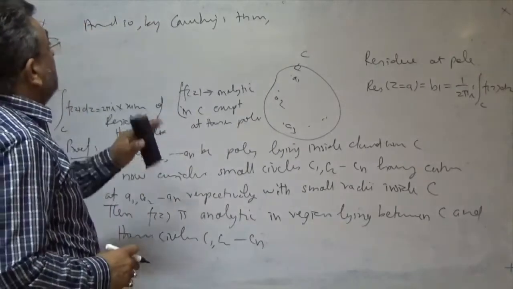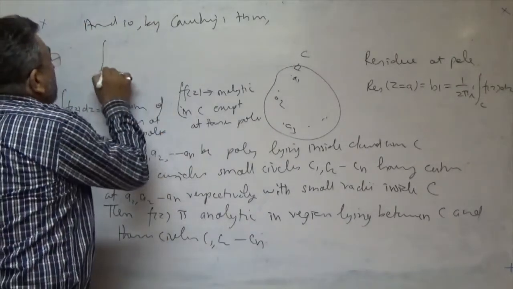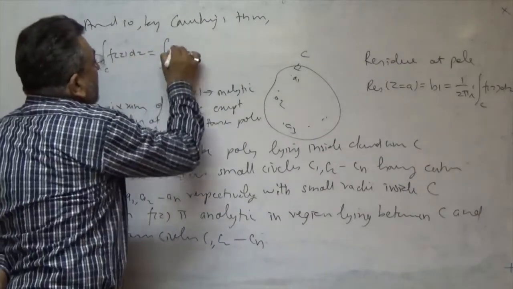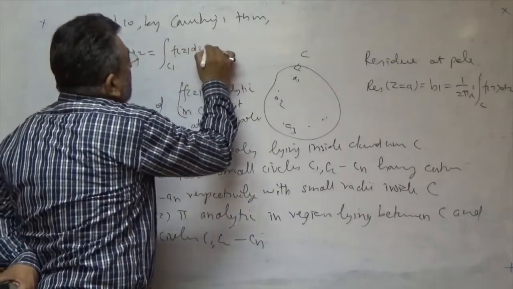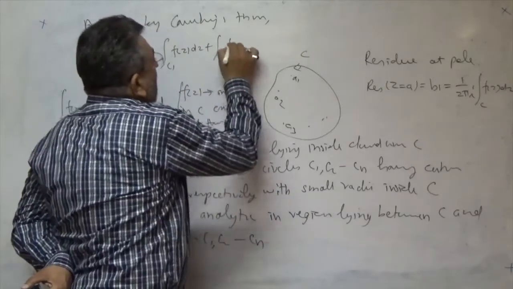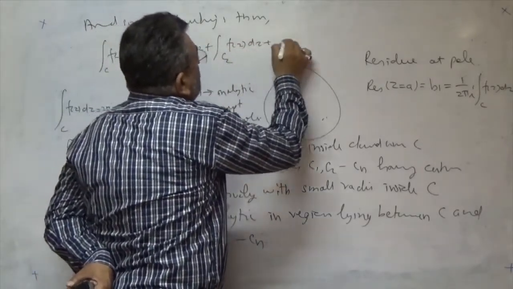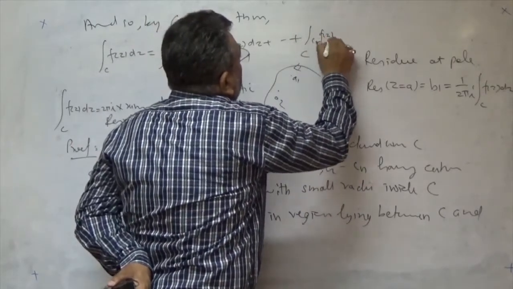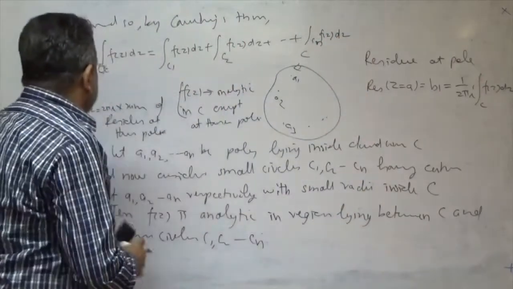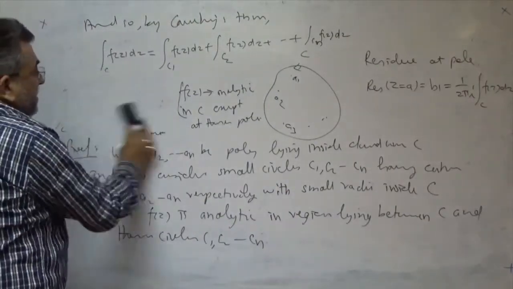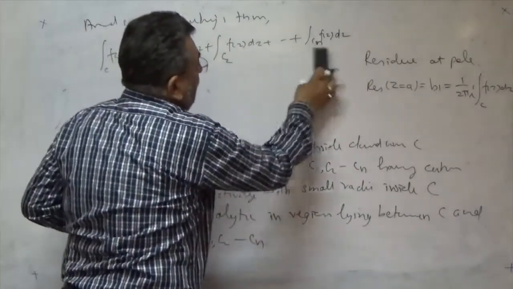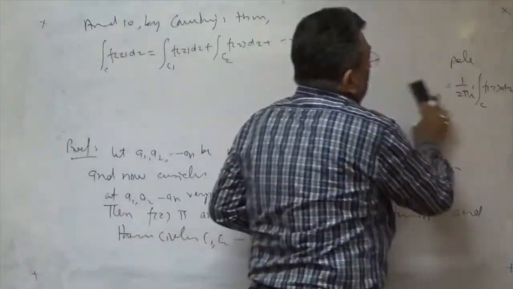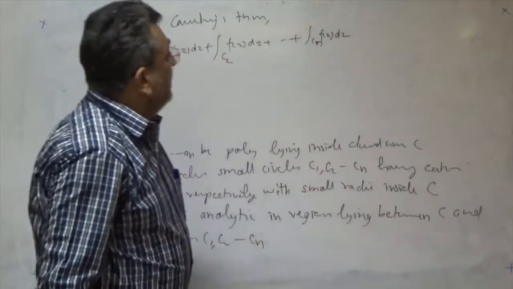By Cauchy's theorem, we have the integral over C of f(z) dz equal to the integral over C1 of f(z) dz plus the integral over C2 of f(z) dz, and so on up to the integral over Cn of f(z) dz. This is an application of Cauchy's theorem for a multiply connected region.